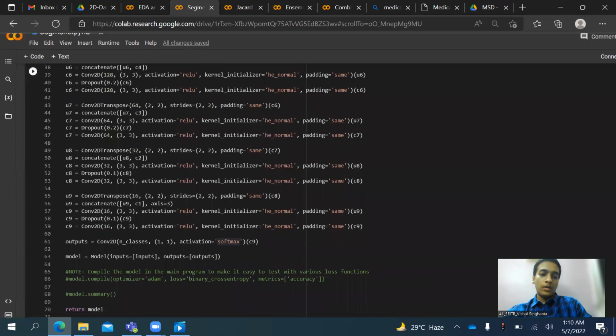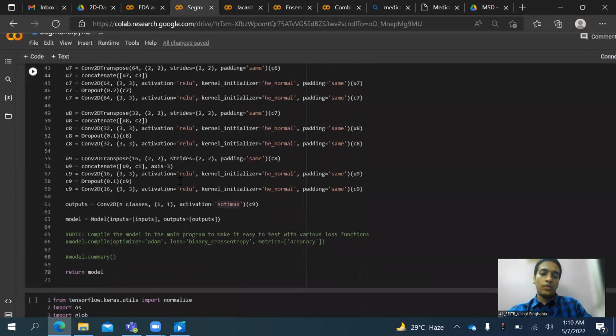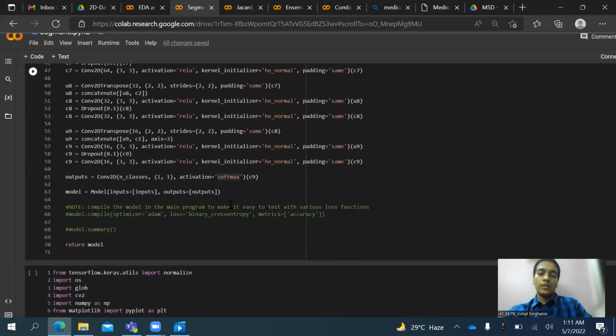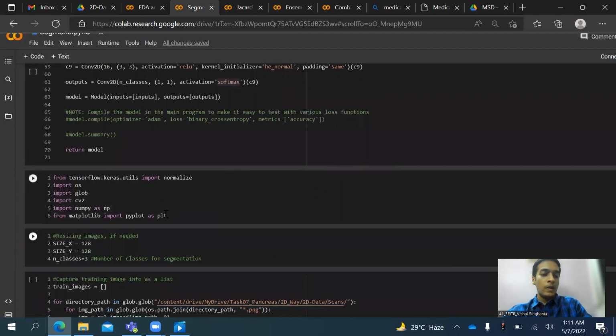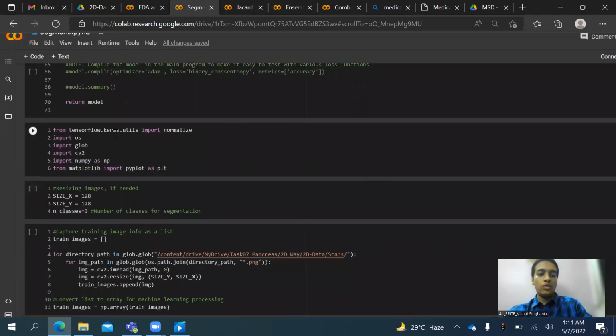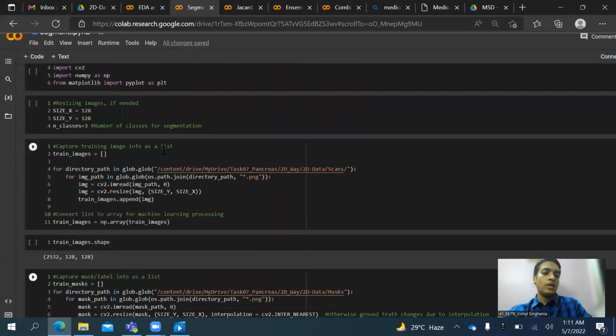So here we are using ReLU activation function, and in the output we are using softmax activation function because the number of classes is more than two over here, and we are using He normal weight initialization in all of the algorithms. Okay. And also TensorFlow has been used as the library for building the deep learning models.